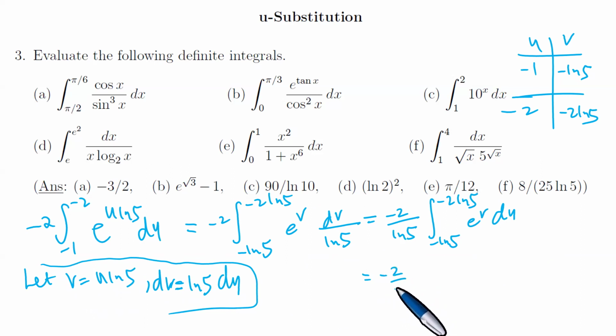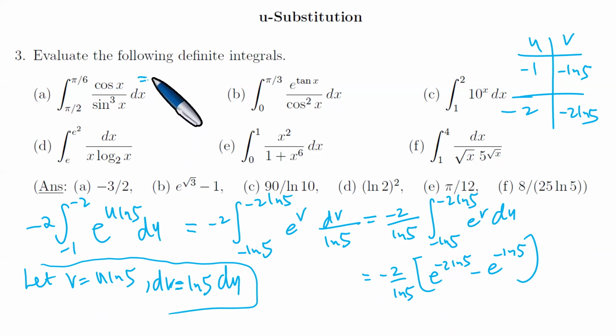This is minus 2 over ln 5 times e to the minus 2 ln 5 minus e to the minus ln 5. Here e to this is the same as 5 to the minus 2, and this one is 5 to the power minus 1.